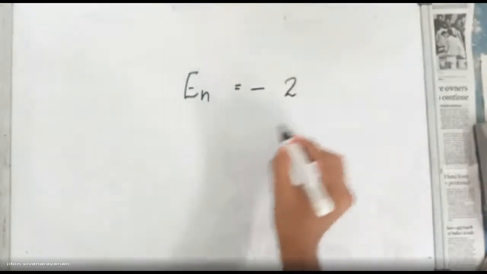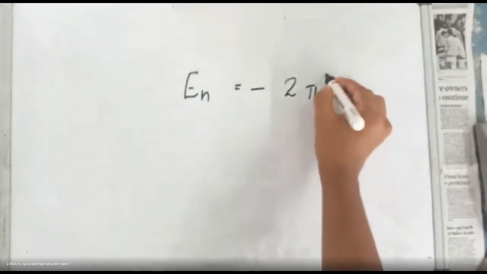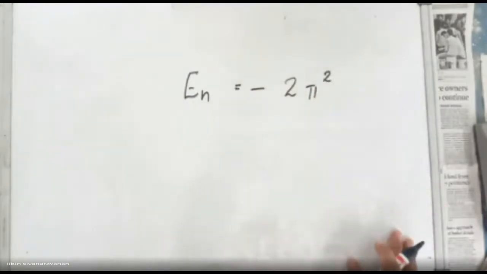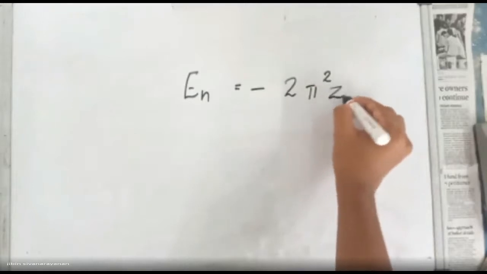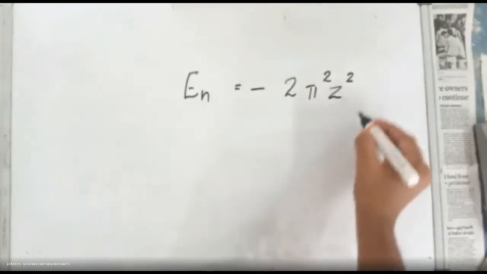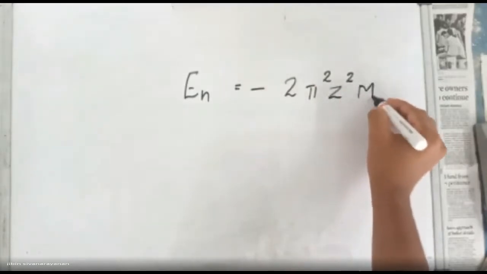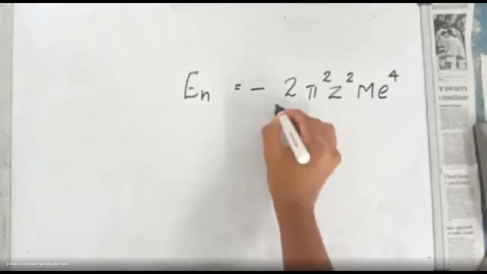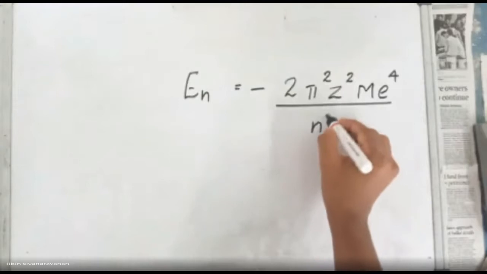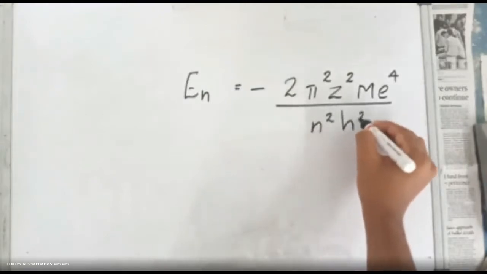Negative 2 pi square Z square m e raised to 4 divided by n square h square.